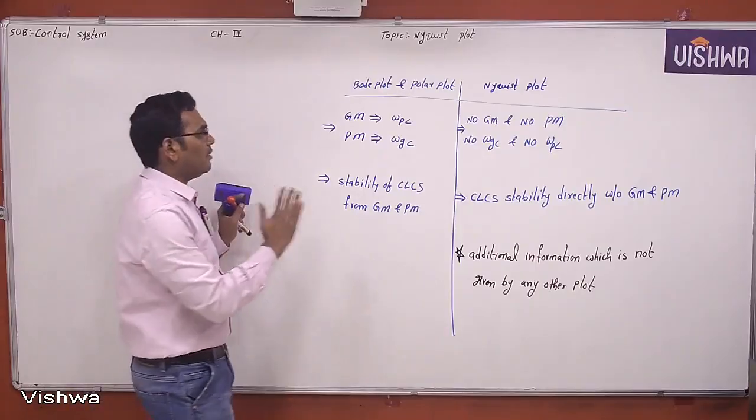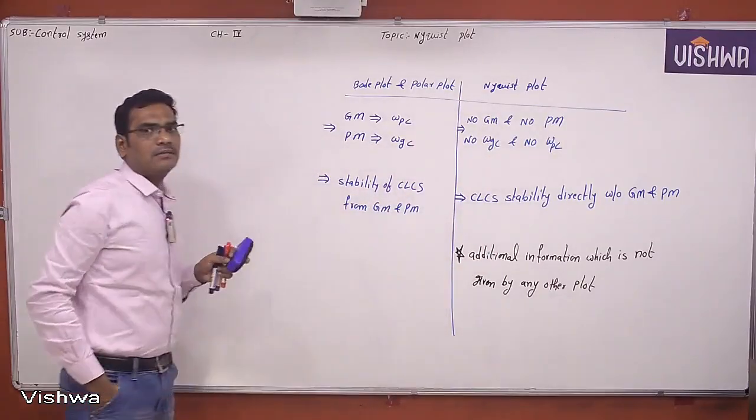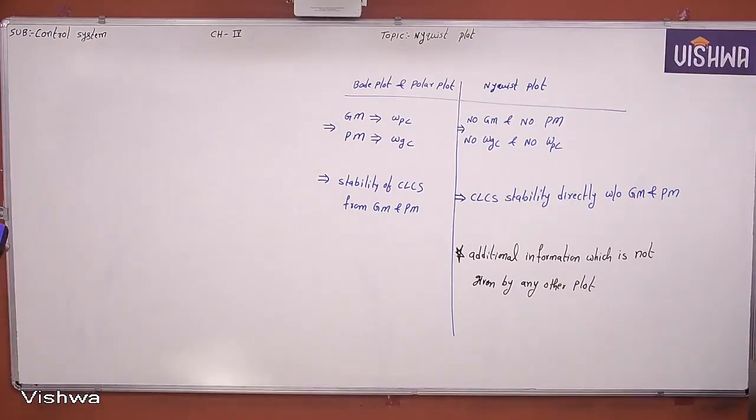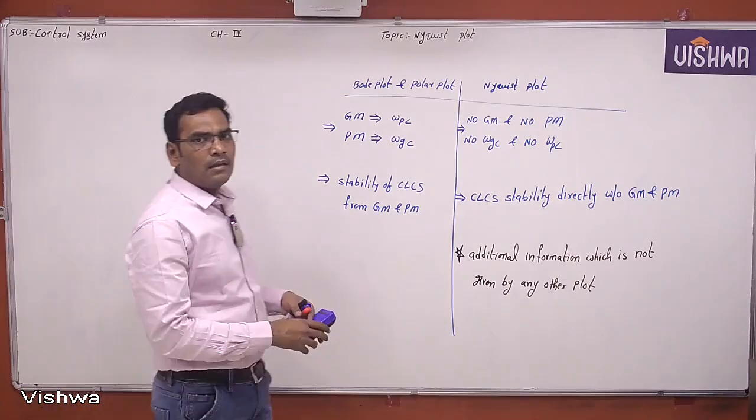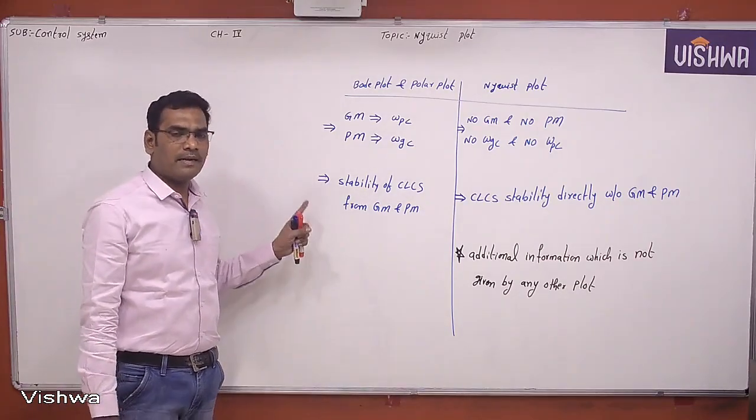Understand or not? This is the main difference between the Bode plot, polar plot and Nyquist plot.